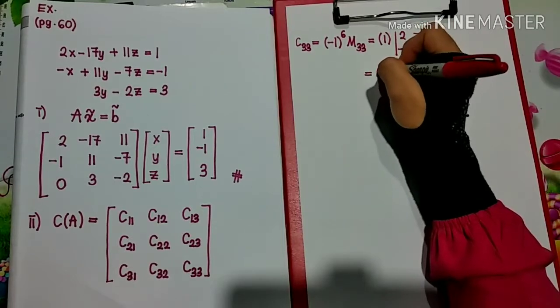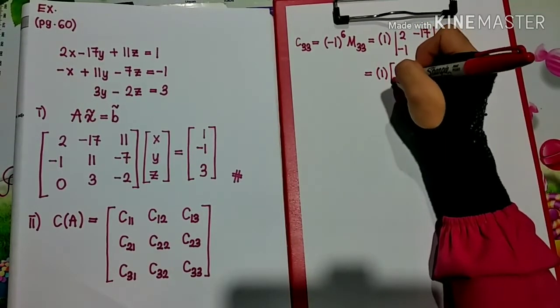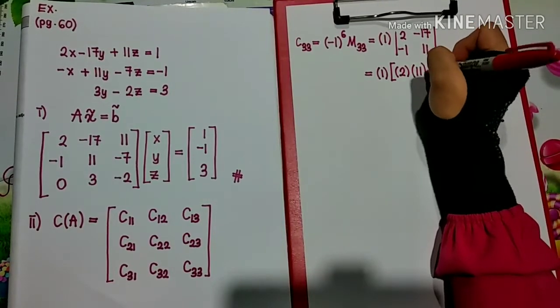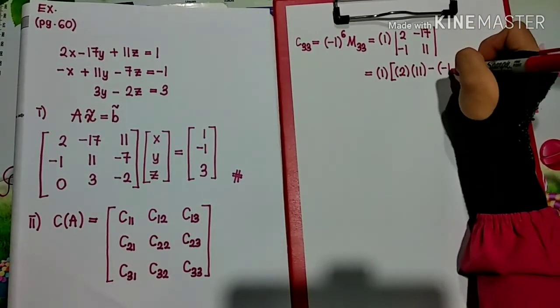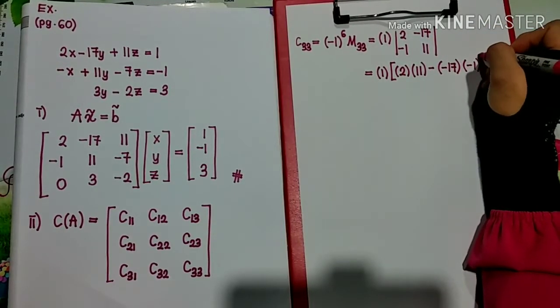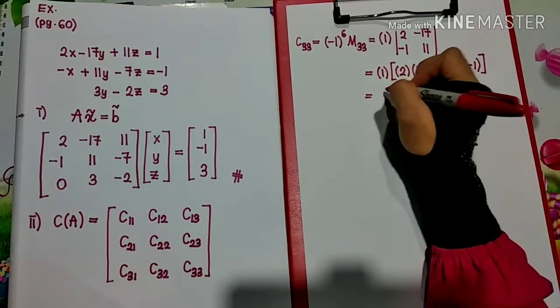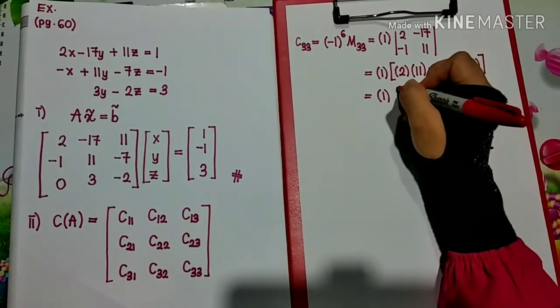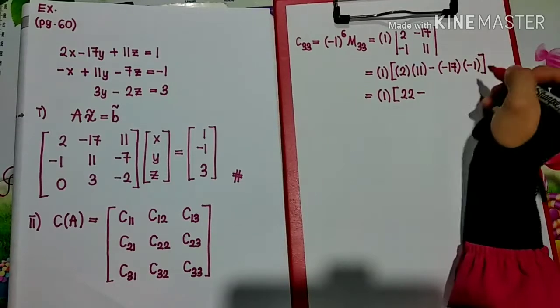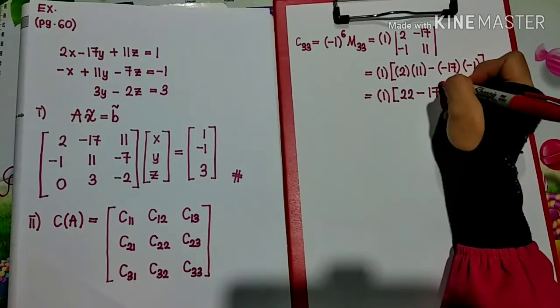So we solve for this one. So 2 multiply with 11 minus negative 17 multiply with negative 1. So what you will get here? So 22 minus 17.